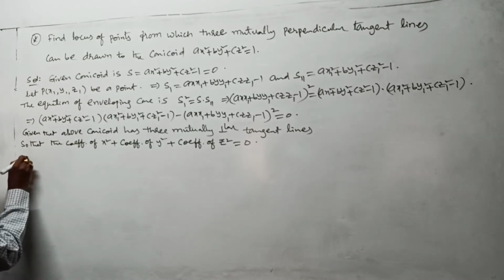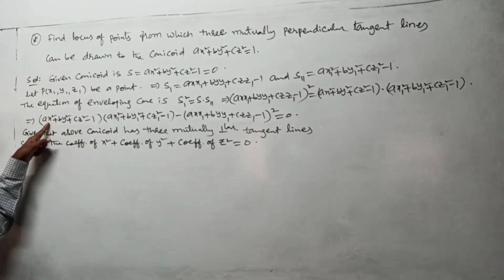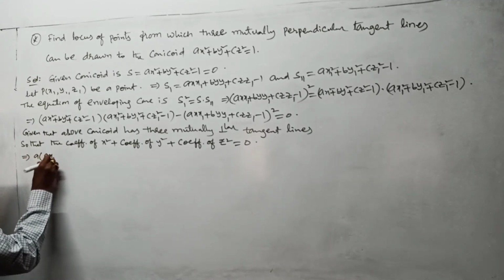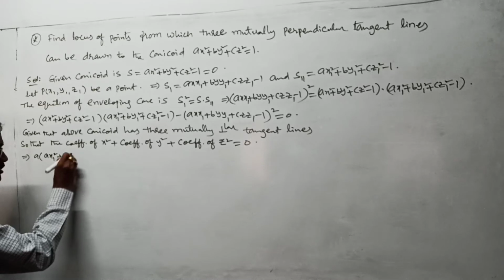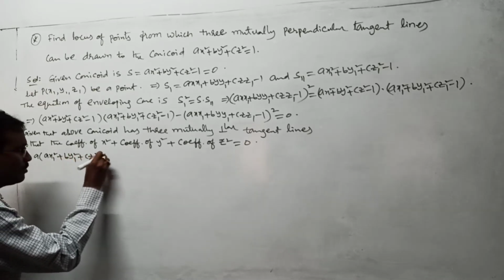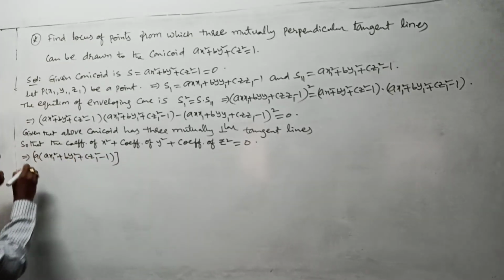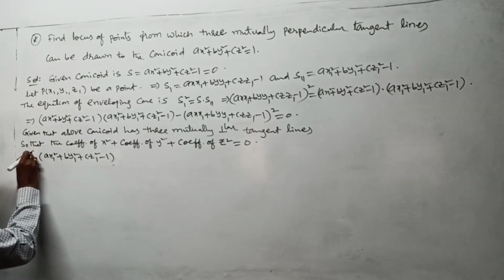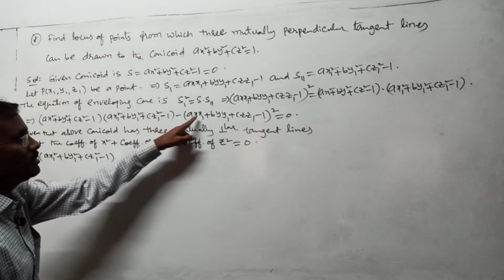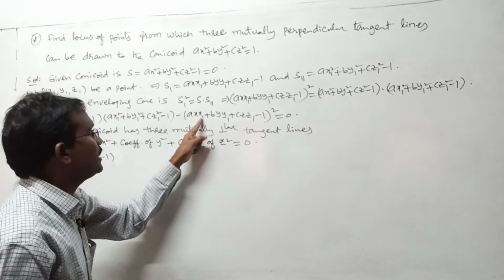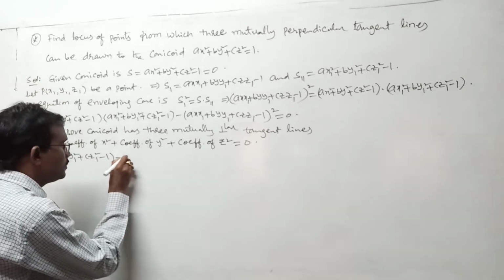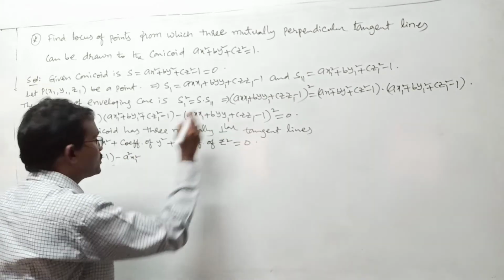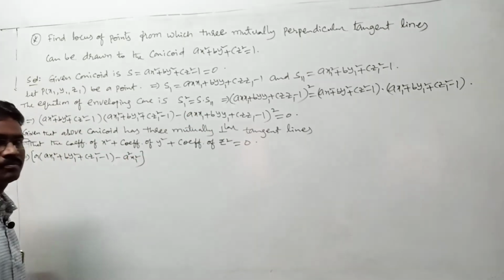This implies, first in this, the coefficient of x square: a into ax1 square plus by1 square plus cz1 square minus 1, and one more term is there, minus a square x1 square. That is the x square coefficient, right?